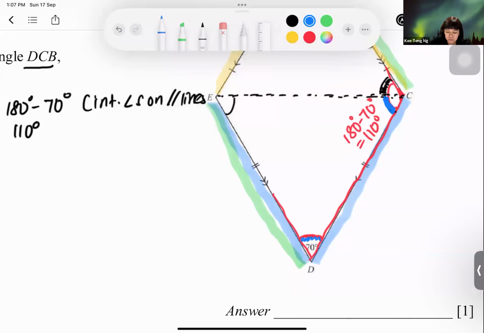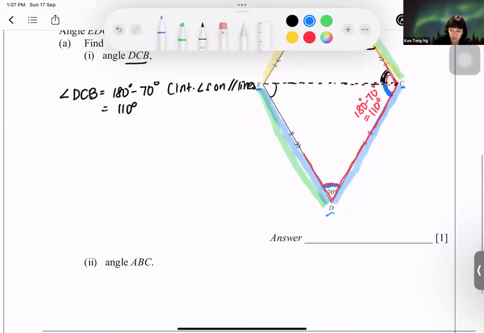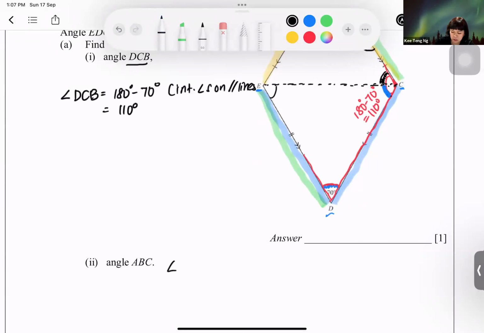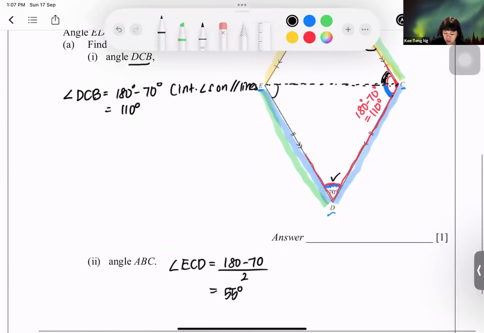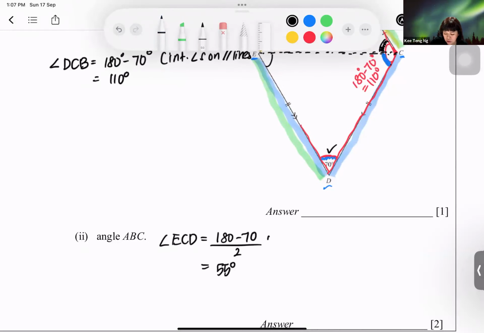Angle ECD equals 180 minus 70 degrees, divided by 2. That gives me the angle 55 degrees. This is because of the base angle of an isosceles triangle.